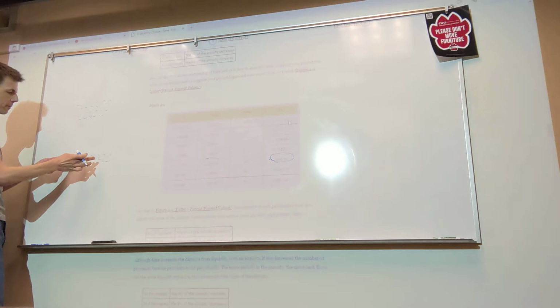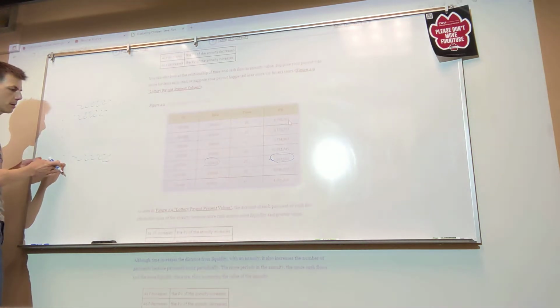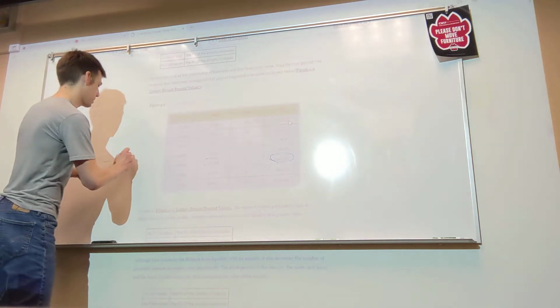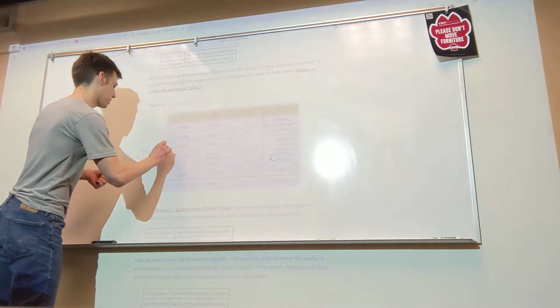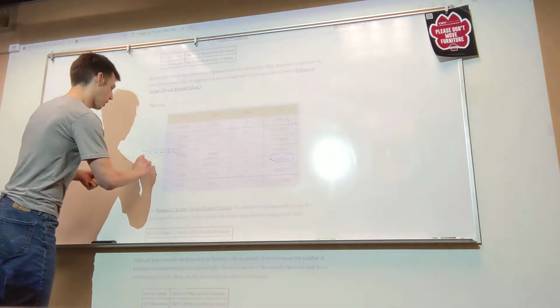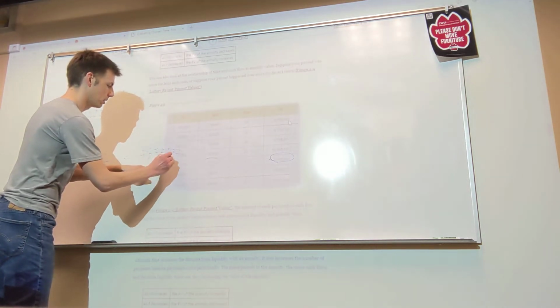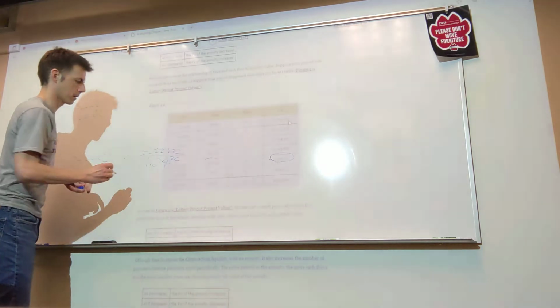Now that $500,000 in the 20th year, given a discount rate of 4%, is going to be equal to 500,000 divided by 1.04, since my discount rate is 4%, to the 20th power.